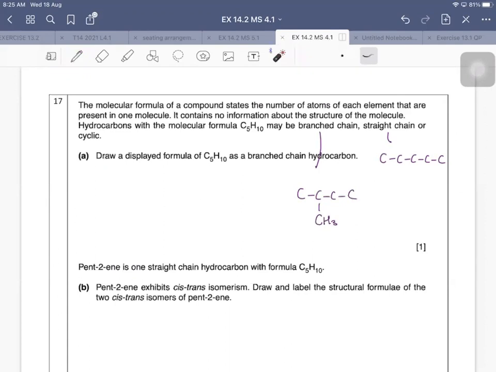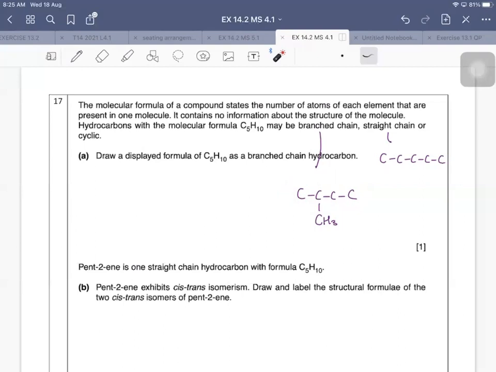Now, if you compare the straight chain, you have 5 carbon atoms in the principal chain. Whereas if you look at the branch chain, you now have 4 carbon atoms in the principal chain. So the moment the number of carbon atoms change in your principal chain, that means they are branched.